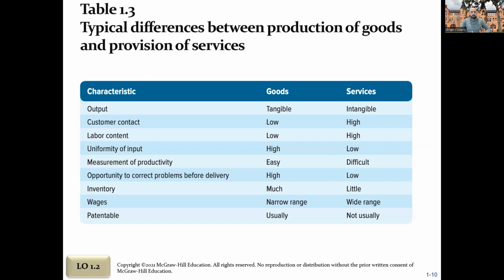It's really easy to measure productivity. I've sold this much money worth of goods this year, and I can compare that year over year to see our labor cost, whatever the case is, right? It's easy because you can quantify that very simply by just looking at the information you have available.